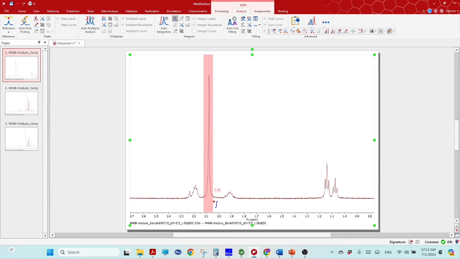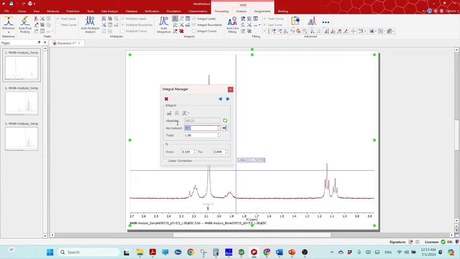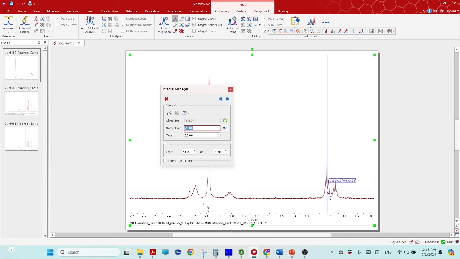I make this integral, and it shows 1. Now I edit the integral and put 25 here, because I took the DMA at a 25 millimolar concentration. Then I will calculate this triplet, and also this triplet.